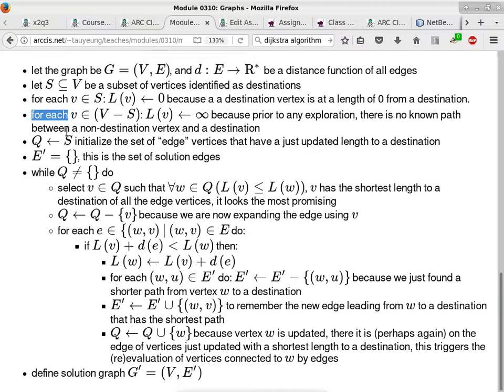So for everything that is in V, which means it is a part of the graph, but it is not in S, which means it's not a destination, v on the fourth line represents a non-destination vertex. For a non-destination vertex, the initial length of the shortest path to a destination is initialized to infinity.